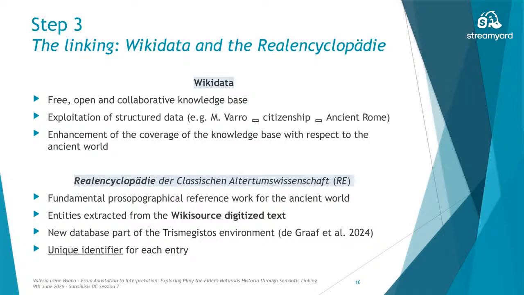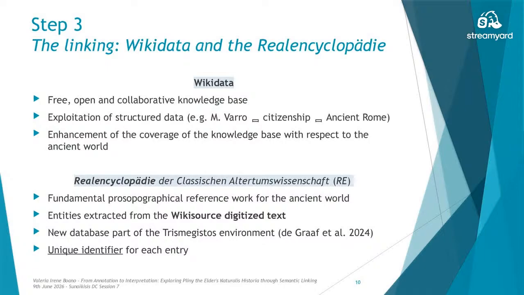So this means that for each item of the knowledge base, we have multiple properties which link to determined values. And so, for instance, in the case of the person Marcus Varro, we have, among the other properties, the citizenship property, which links to the value ancient Rome. And so this makes the knowledge base very easy to be exploited.